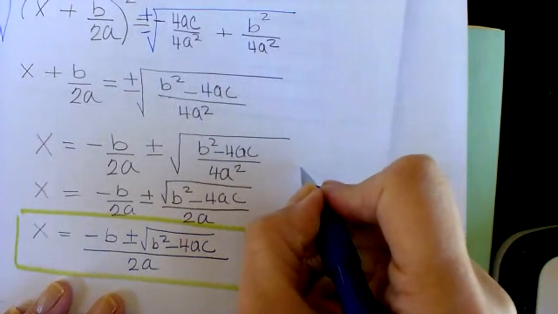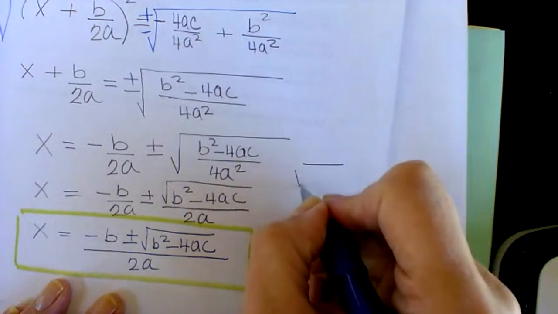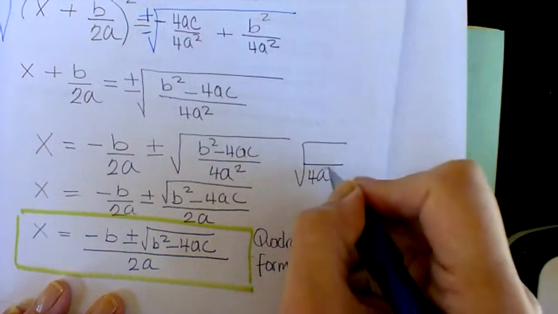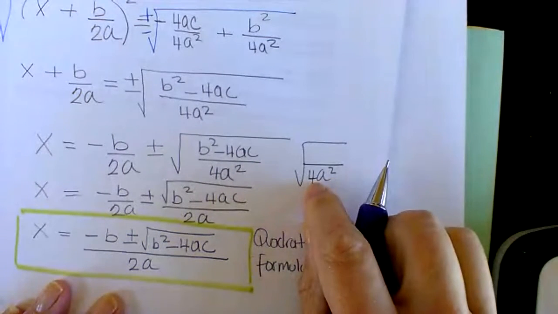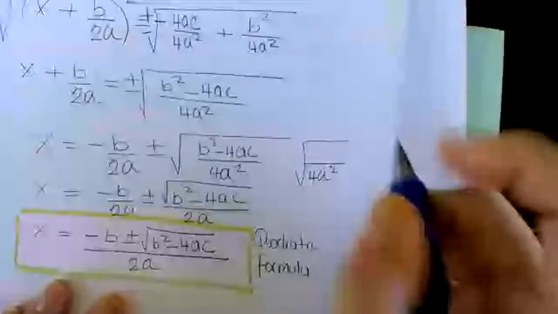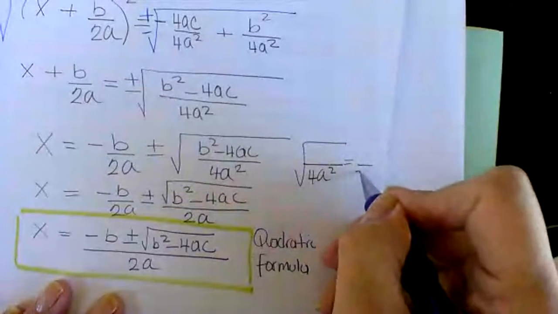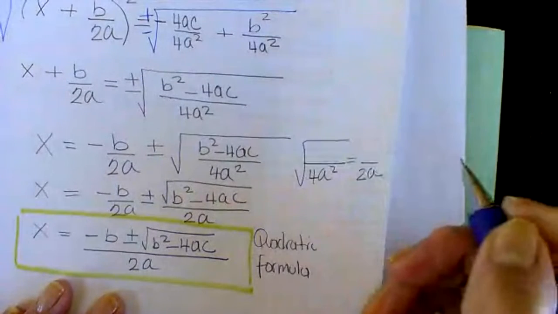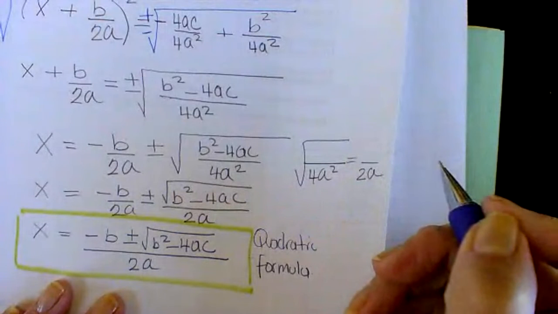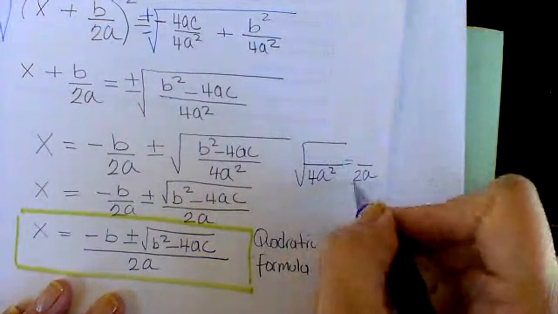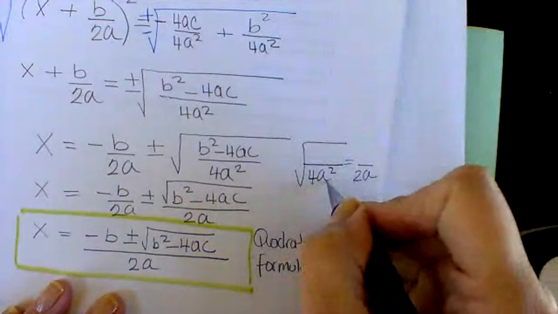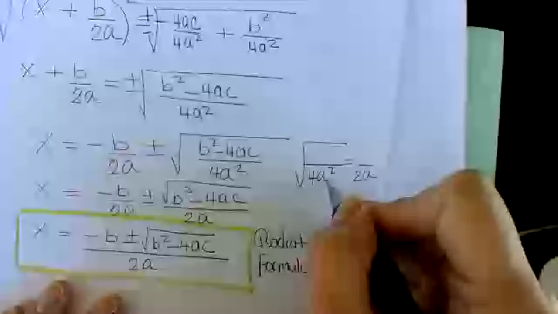So in the bottom of the square root, you had 4a squared. If you apply the square root to this, what do you get? You get 2a. The square root of 4 is 2, and a squared comes out of the square root as a.